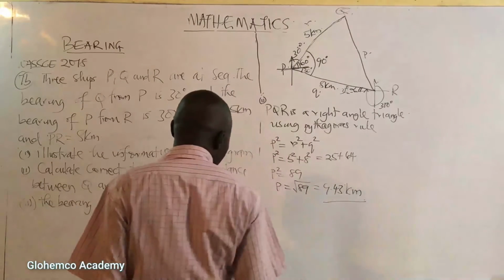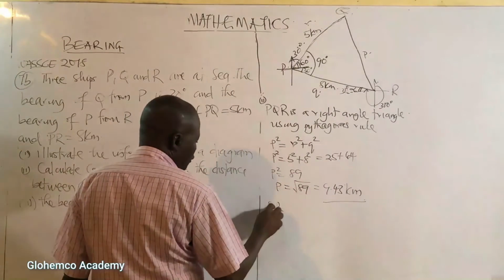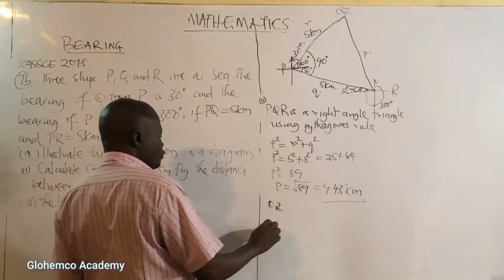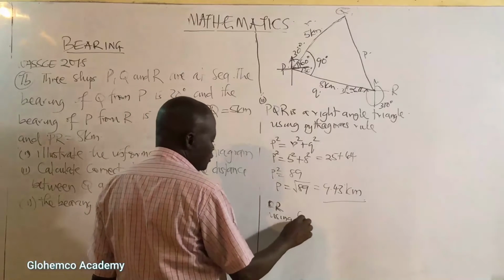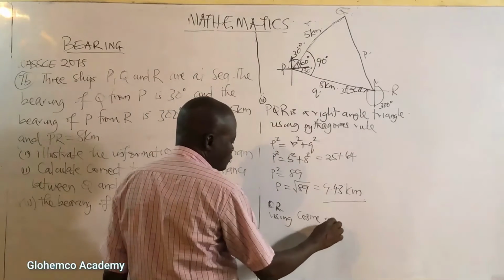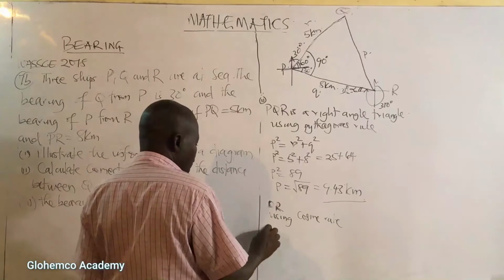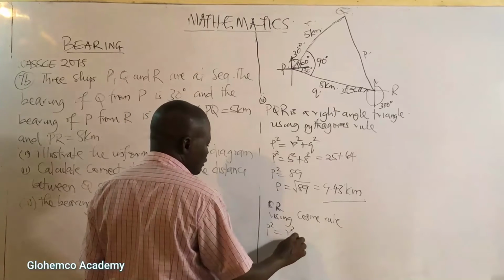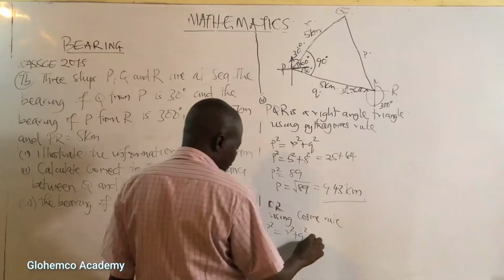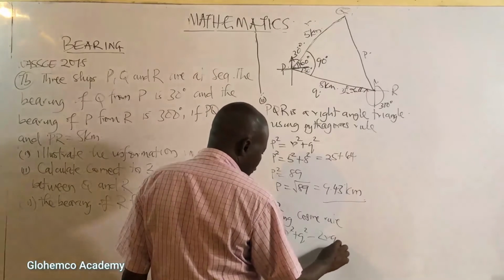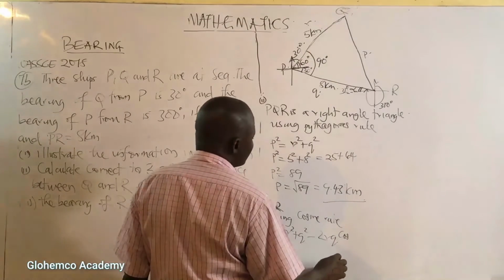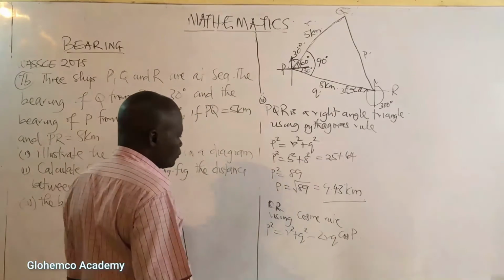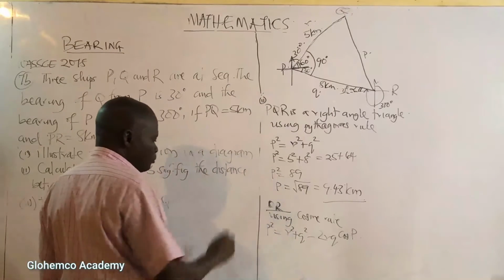Using the cosine rule, it will give us P squared equals R squared plus Q squared minus 2RQ cos P. That is how to use the cosine rule for this same P.